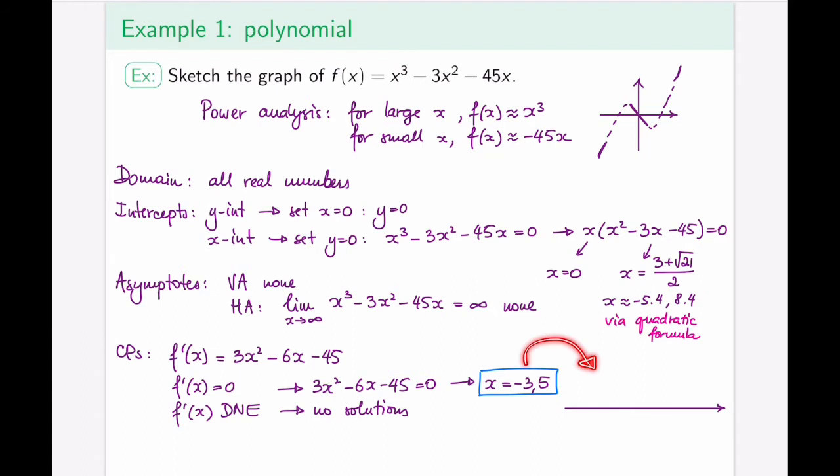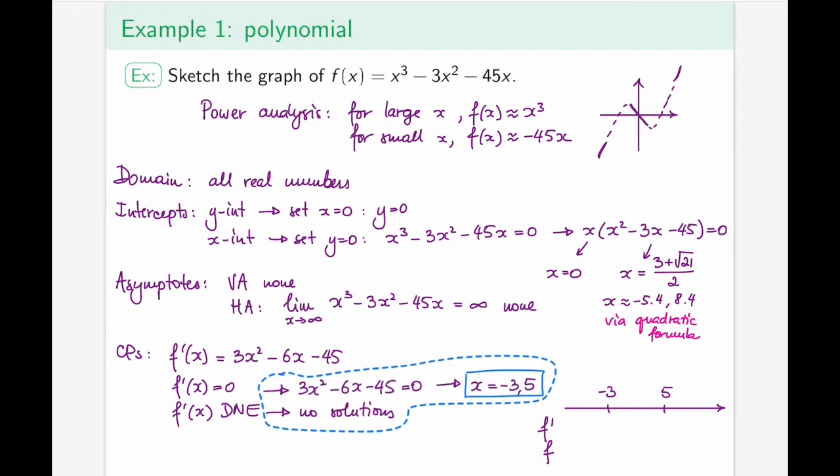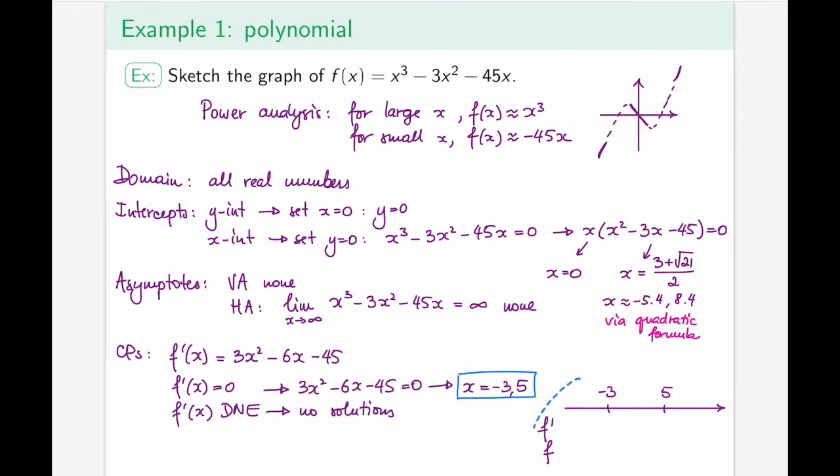So I'm putting the critical points on my real line, minus 3 and 5. And I'm going to think about the sign of the derivative and what that means for the function itself in order to figure out whether any of these critical points correspond to a local maximum or minimum.